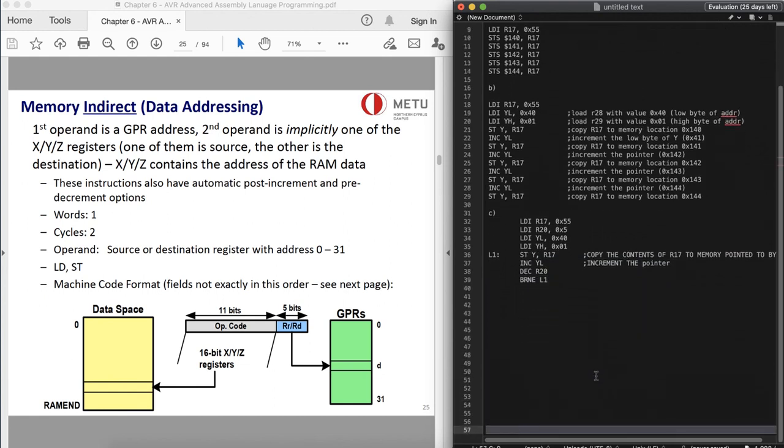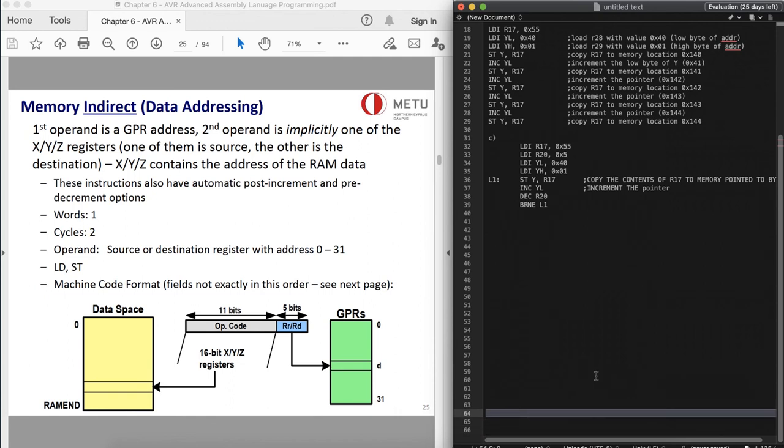And let's have more space. So example 2.